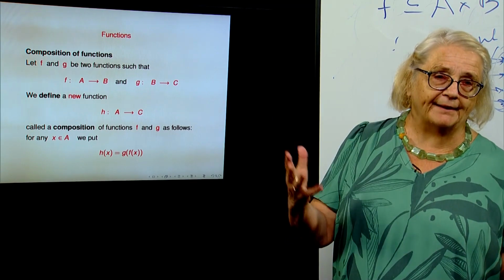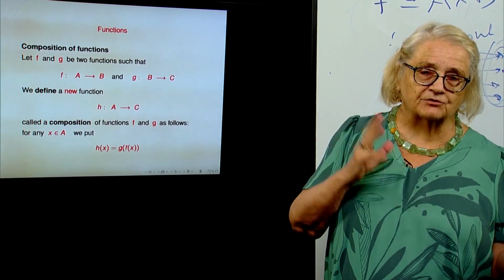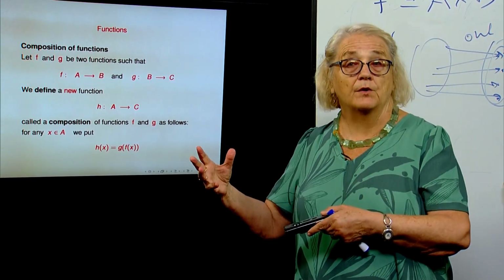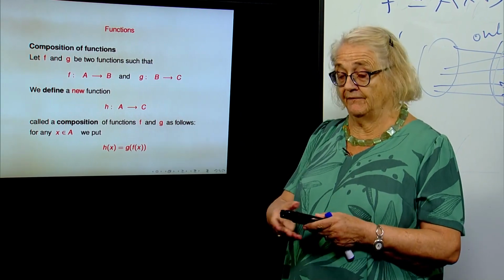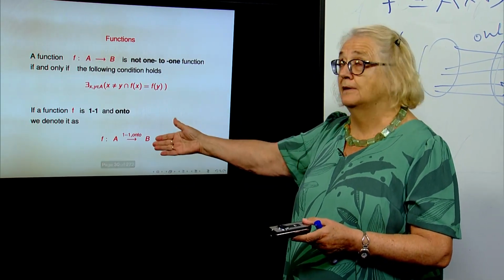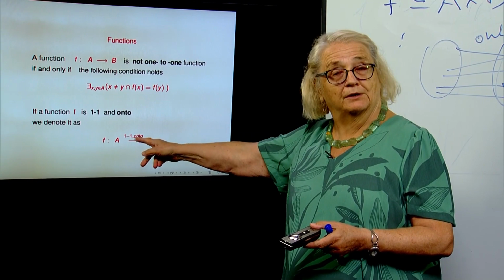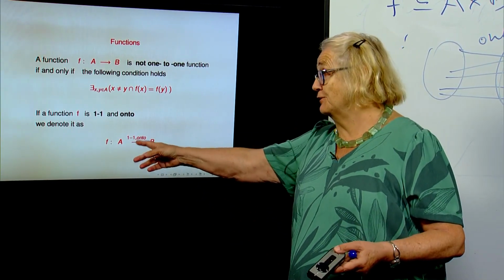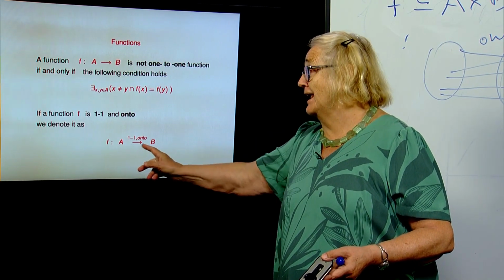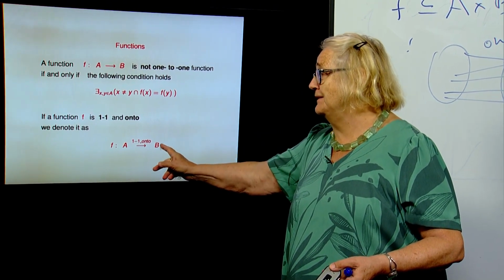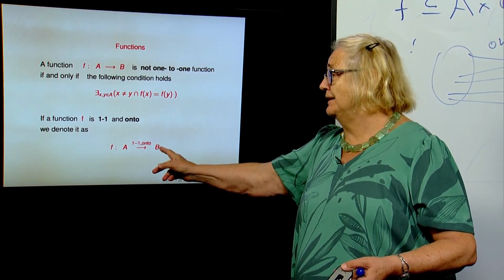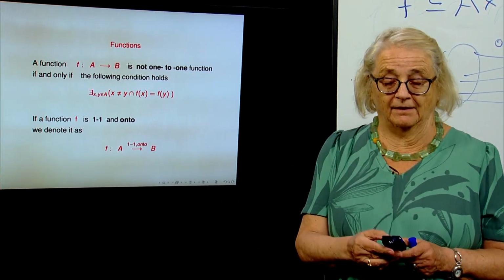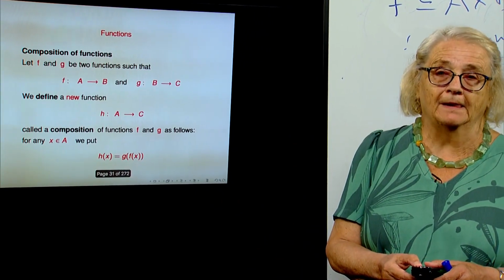And you have surjection, bijection, and so on. We use very simple notation. 1-1, you know what it is, onto. So 1-1 onto is a function for which any element of B has an element of A mapped into it, and also the mapping is 1-1.